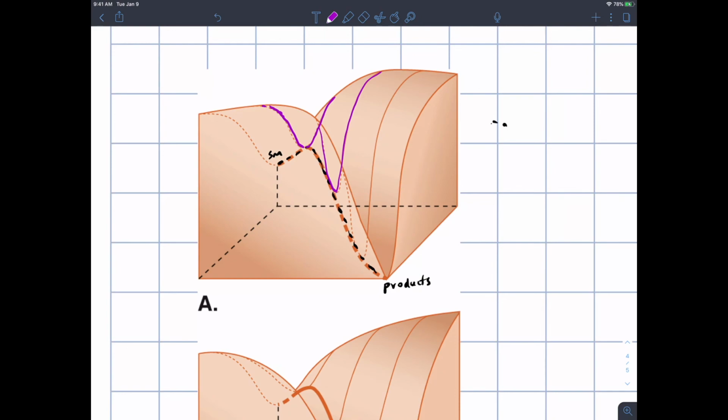And this can represent a vibrational energy well, or the molecule at each state along this trajectory can occupy these wells at various vibrational energy levels.